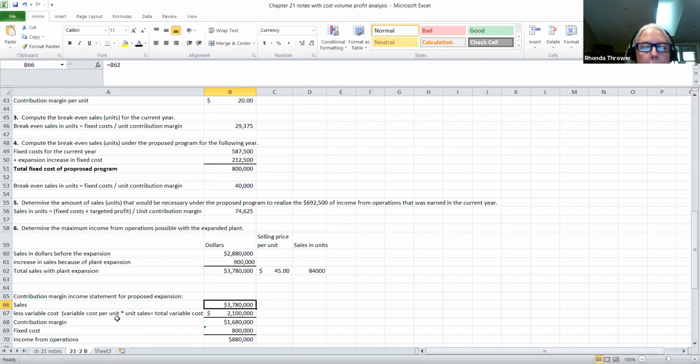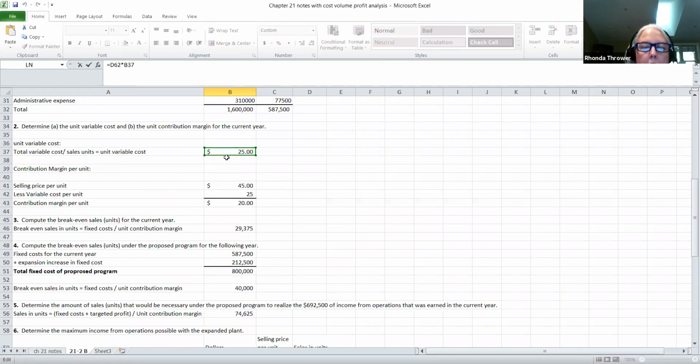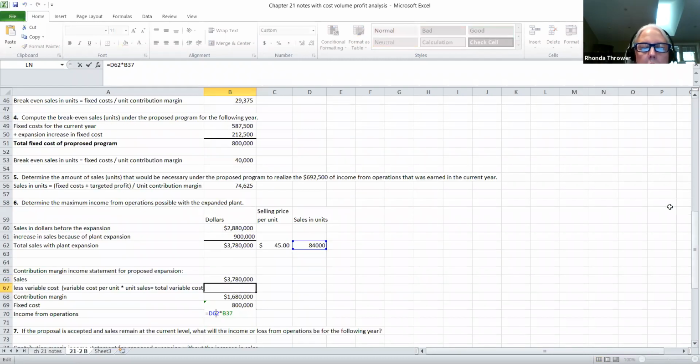So my variable cost per unit times my unit sales will give me my total variable cost, which is $2,100,000. Once you have your variable cost, you can find your contribution margin by subtracting your variable cost from your sales. And then you're going to determine your fixed cost.